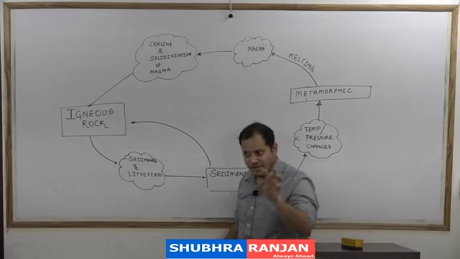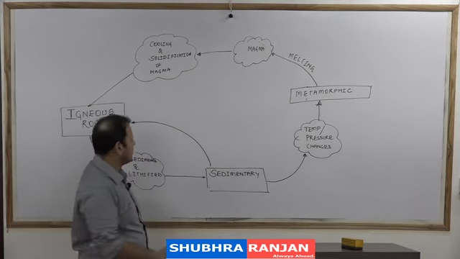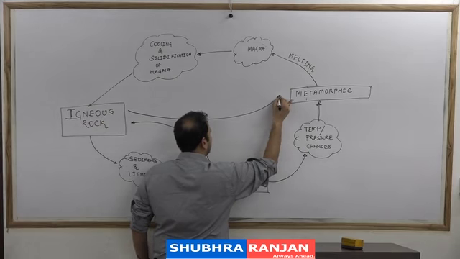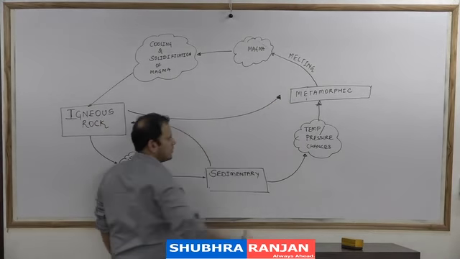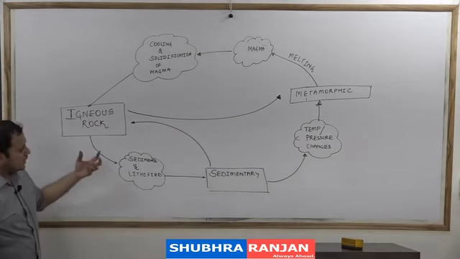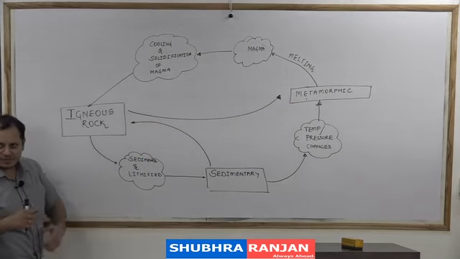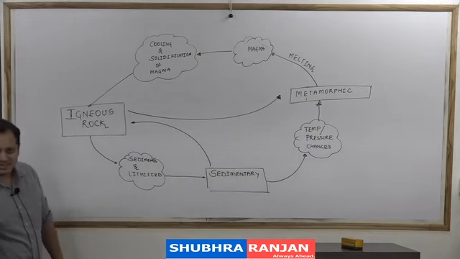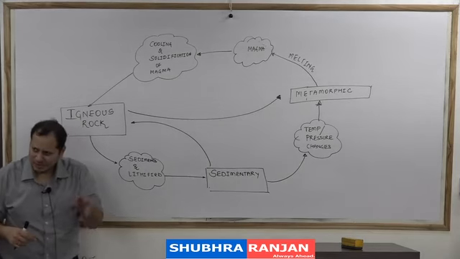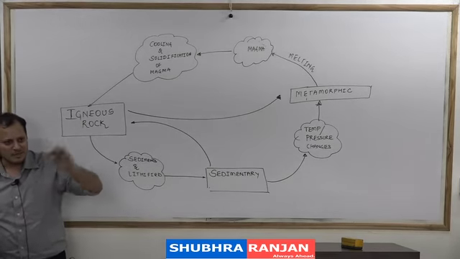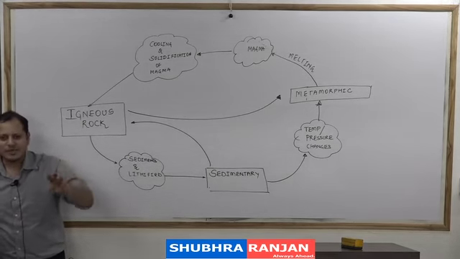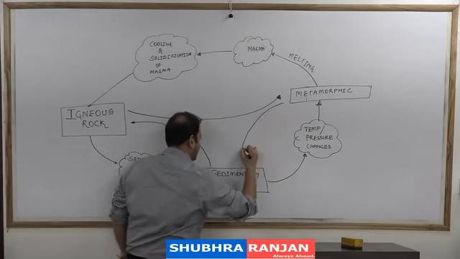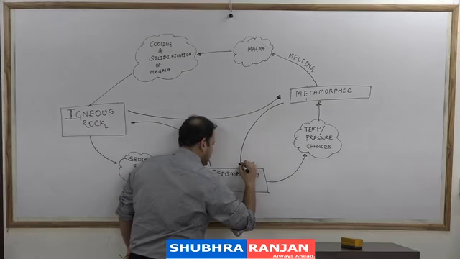Similarly, granite is getting converted to gneiss. So can I say igneous rock can directly be converted into metamorphic rock? Right? And you take marble, crush it and mix it in the soil. What will happen? Sediments. Then from the marble, calcium will be removed, magnesium will be removed, and different types of rocks will form. So can I say metamorphic rock can also over a period of time become sediment?